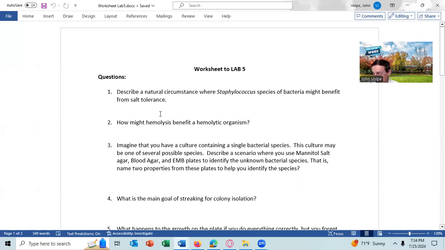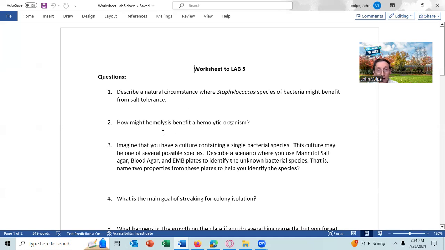So think of a place where Staphylococcus can grow, and it will benefit from growing because it's tolerant to salt. Has to be a natural circumstance. You can't tell me something like growing on 7% sodium chloride media, because that's not a natural circumstance.